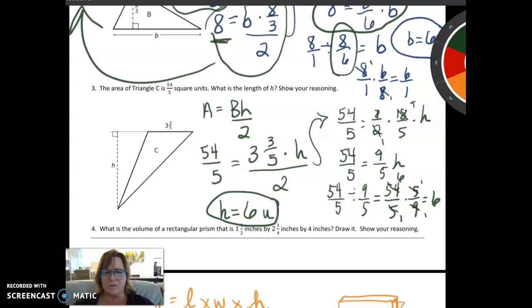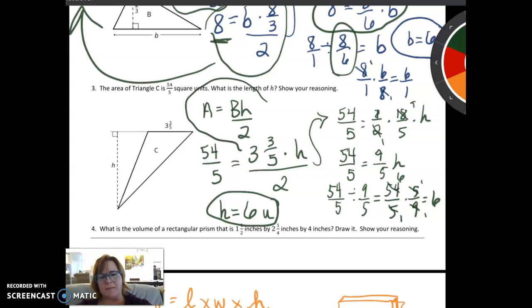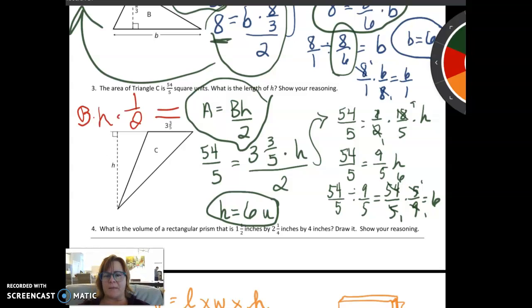Triangle C is a good challenging problem as well. So again, we're given the area and we have to find the height in this case. Knowing that base times height divided by 2 is how we find the area, we're going to be thinking about it again as base times height times 1/2. So I have 54/5 is equal to 3 3/5 times whatever my height is, divided by 2. So now I'm going to think of that dividing by 2 as multiplying by 1/2.